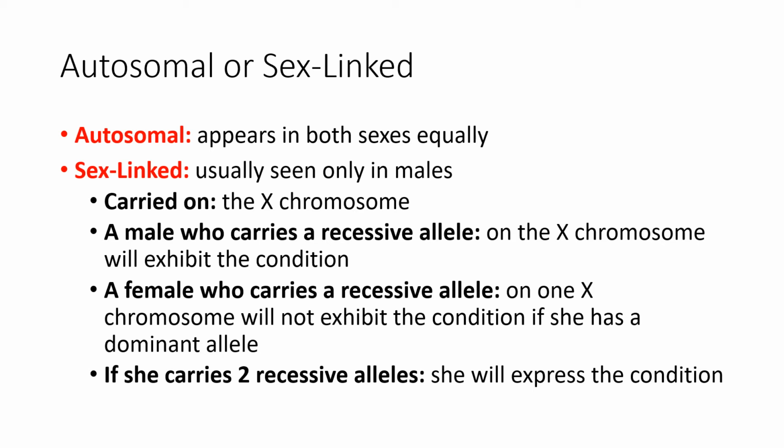Well, they will exhibit the condition, most likely. A female who carries a recessive allele on one X chromosome will not exhibit the condition if she has a dominant allele. However, if she has two recessive alleles, then she will express the condition, whatever it may be.